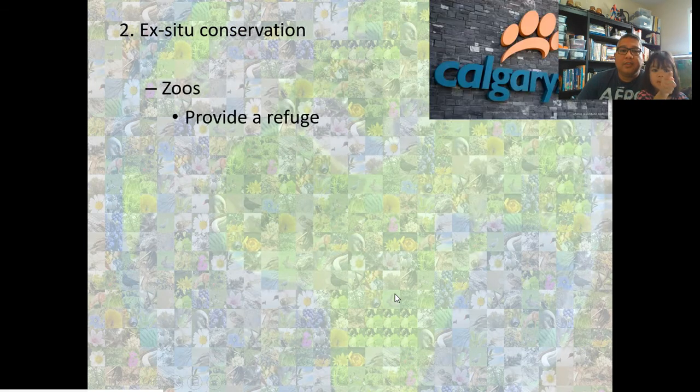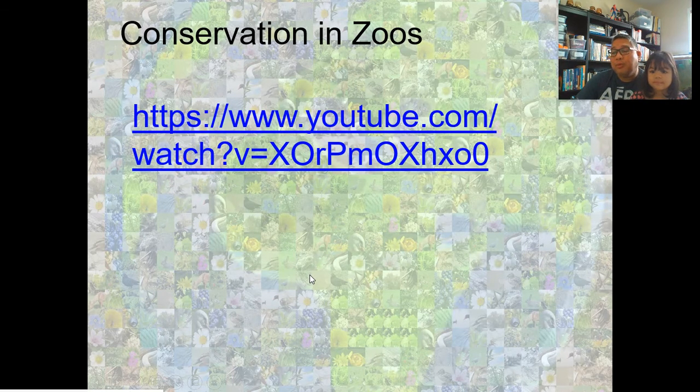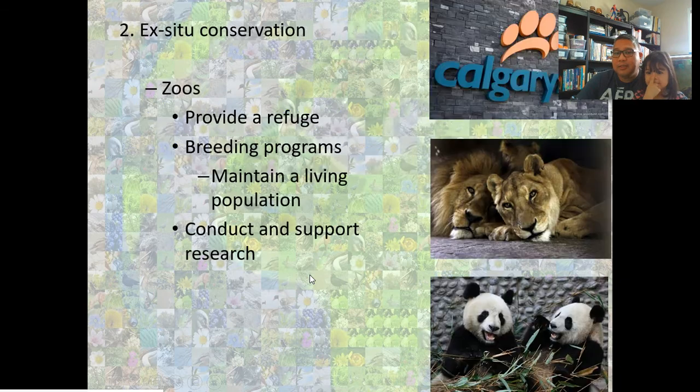Ex situ conservation, like zoos, provides a refuge and breeding programs, and you have scientists studying them, working with those animals, and looking for ways to breed them. That's a tiger, and that's a panda. So they maintain a living population and conduct and support research, so we will know more about those animals when they are in captivity.